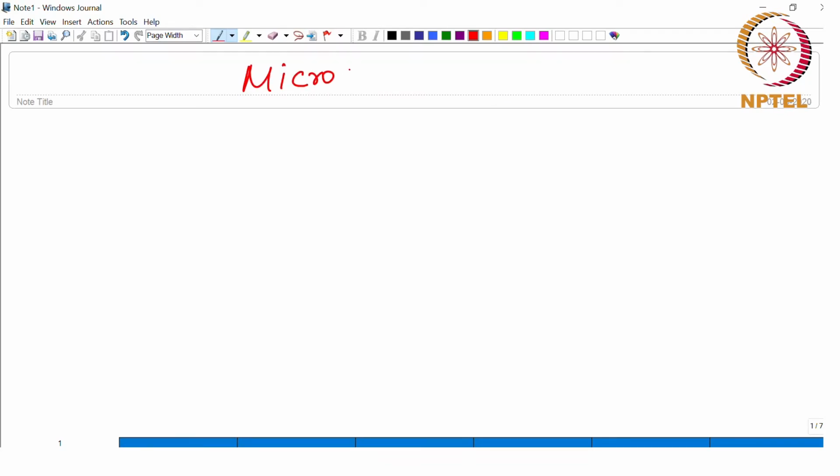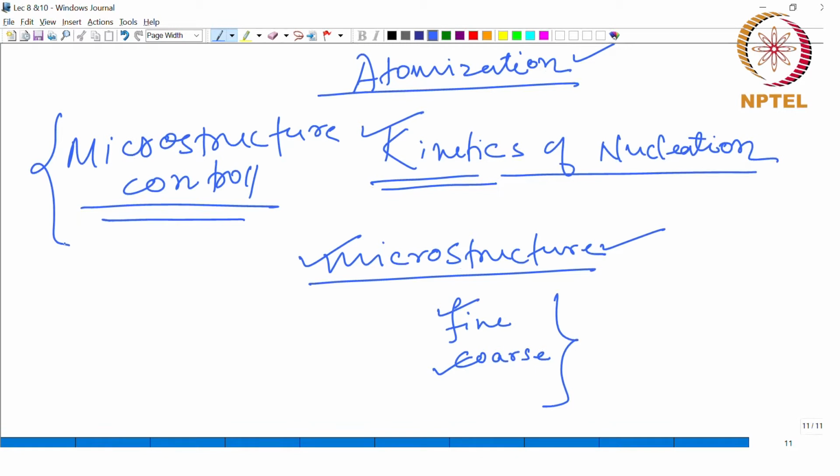In today's class, we are going to learn about microstructure control in the atomization process. But before we do that, it is good to look at what we have learned so far in terms of nucleation and growth, because that is the basis for the microstructure control that you can exercise in the atomization process.